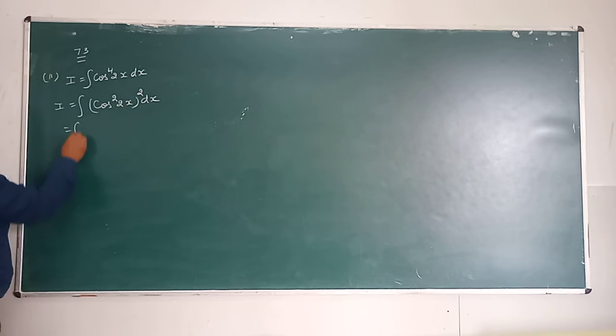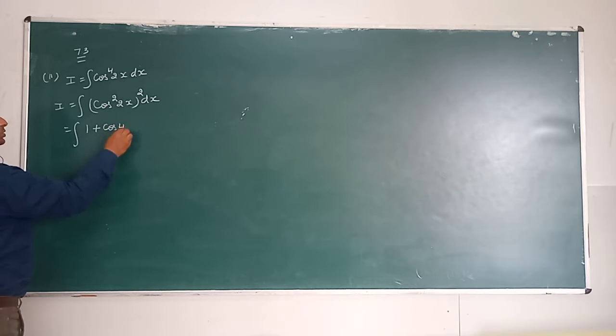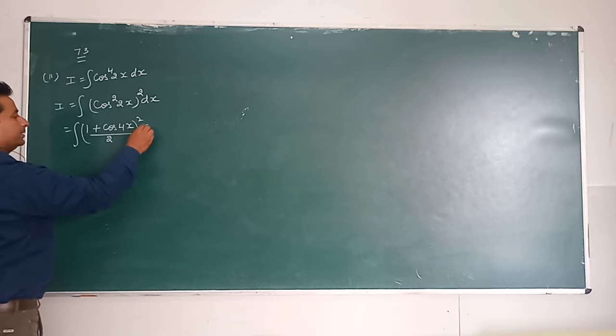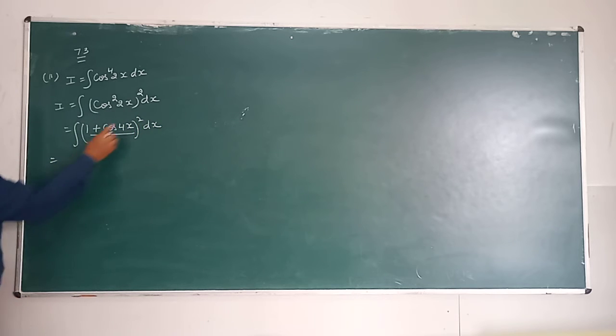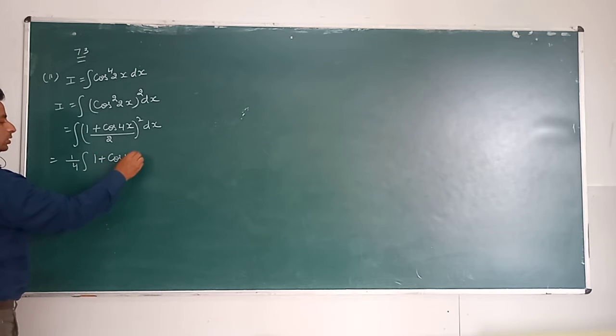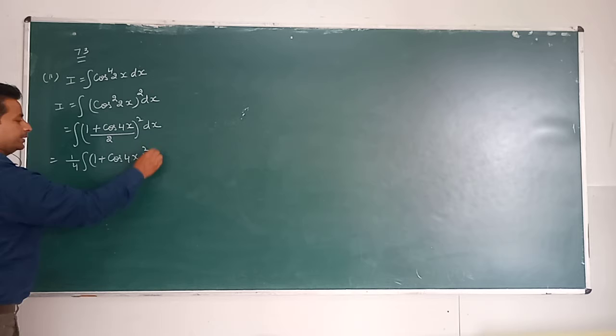After this, we apply the formula cos^2 x = (1 + cos 2x)/2, squared. The square of 2 is 4, so this is 1/4 times (1 + cos 4x) whole squared.